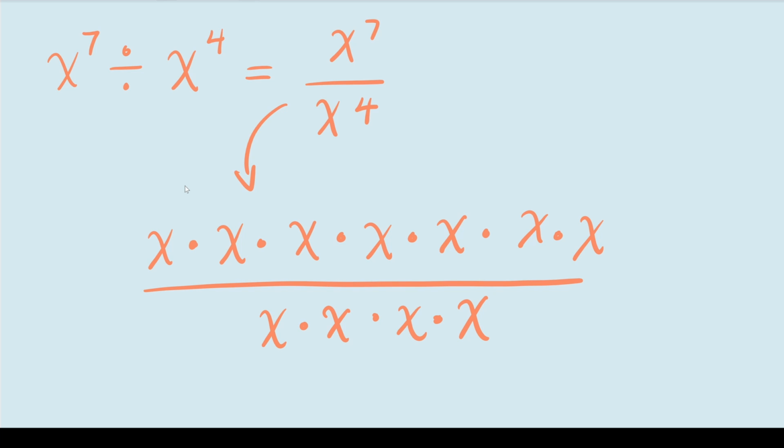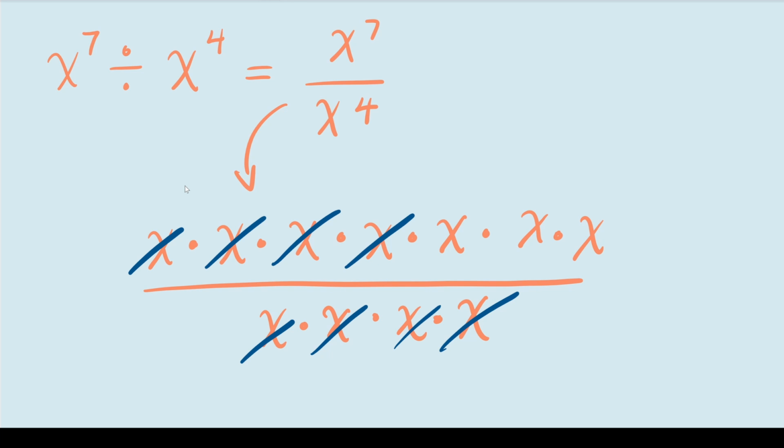Now, if we were to view this as a fraction, we could cancel out the terms because there's x values in both the numerator and the denominator. So we could take the x values in the denominator and they would cancel out with the ones in the numerator. So those two would cancel out, these two would cancel out, so would these, and then these.